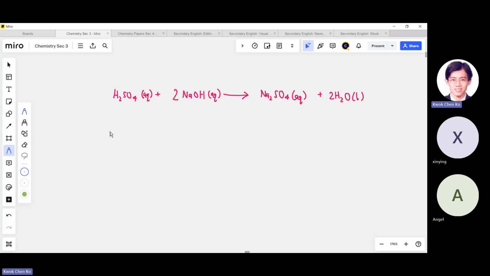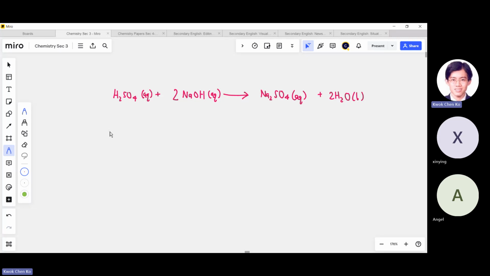You should get it right by this time. Of course, if you have problems, make sure you realize that the products are salt and water. Make sure you know how to balance it.